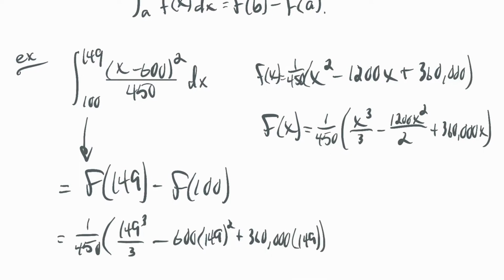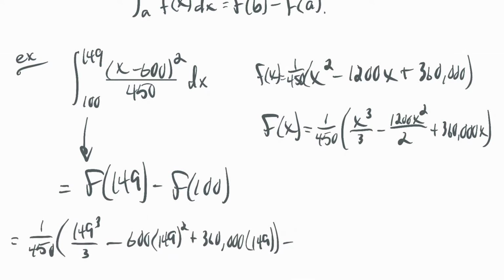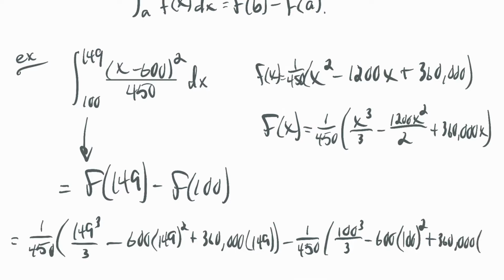Okay, minus, again, running out of horizontal room, 1 over 450 times 100 cubed over 3 minus 600 times 100 squared. Are we going to have enough room? Plus 360,000 times 100. A tight squeeze. Yeah, cool.